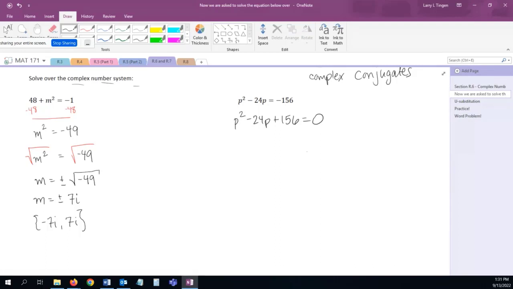Excellent. It's a quadratic, right? And it has all 3 terms, right? Let's say it another way: a, b, and c are all non-zero. Correct? All right. So get everything on one side, set that equal to 0 and solve. 2 things that multiply to 156 and add to negative 24.